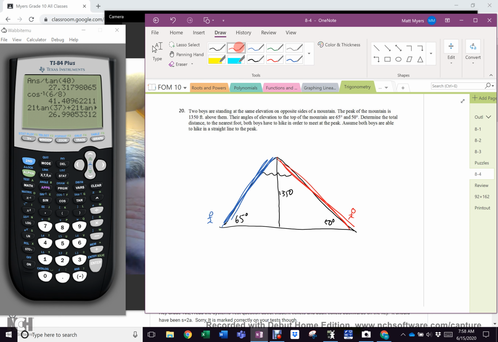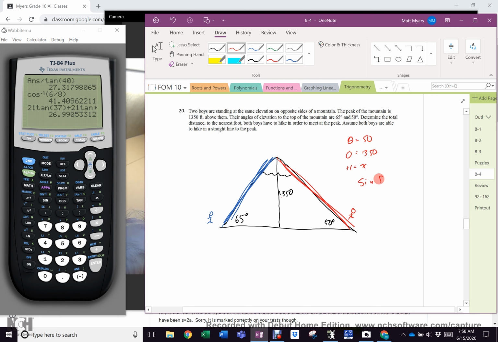What do I have? Well, I've got a red theta is 50. Opposite is 1350. Hypotenuse is what I don't know. What uses O and H? Sine 50 equals O, 1350 over x. So x equals 1350 divided by sine 50.